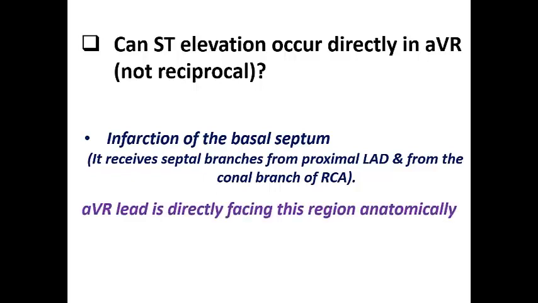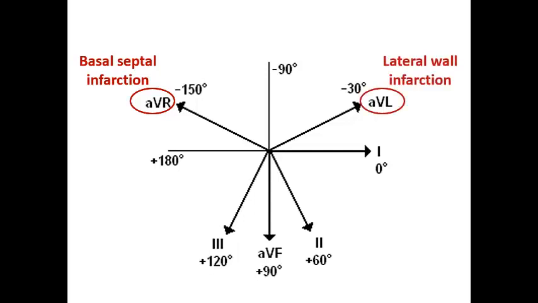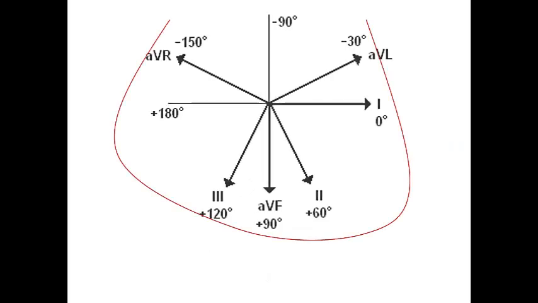And as aVR is directly facing this region anatomically, as we mentioned before, that it faces the basal septum, in case of basal septal infarction it can result in ST elevation in case of very proximal LAD occlusion. And aVL, of course, can also be involved in case of lateral wall infarction, as the LAD occlusion occurs proximal to the first diagonal. So these two leads can be involved in anterior STEMI, of course.